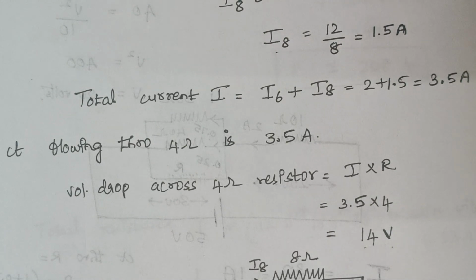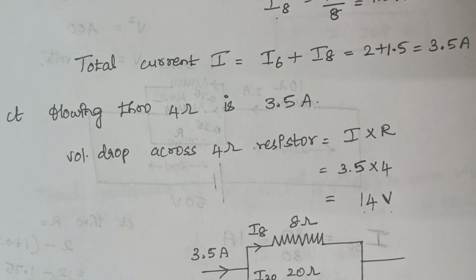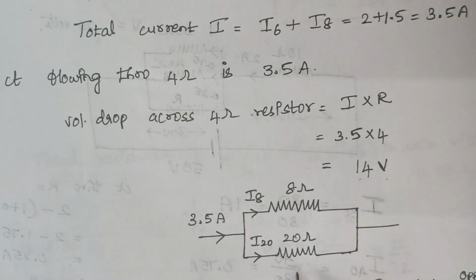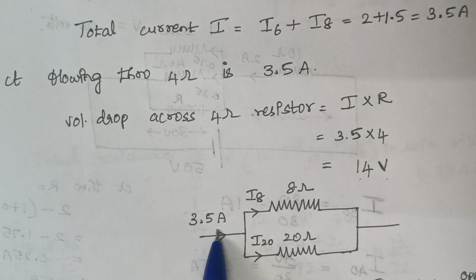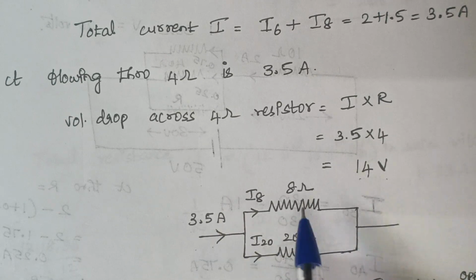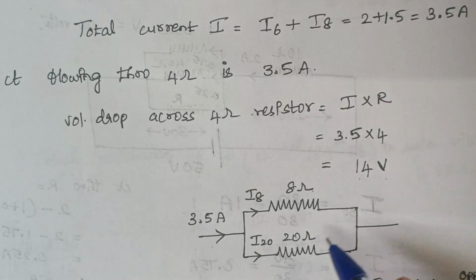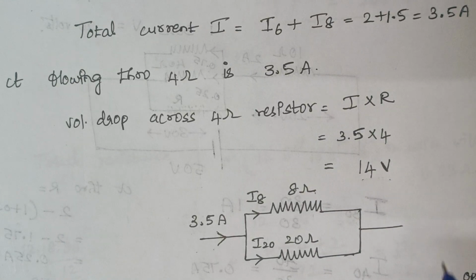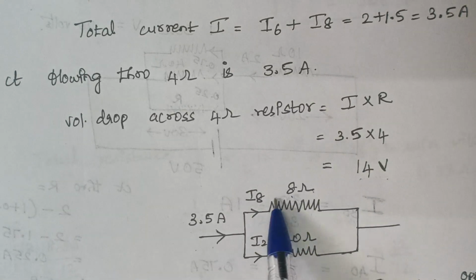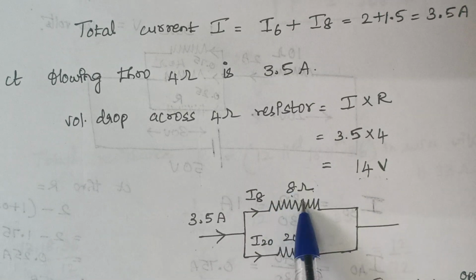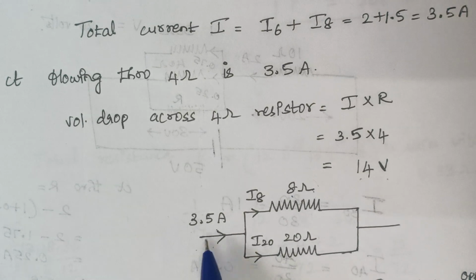Then the next thing is we are proceeding with the 8 ohm and 20 ohm combination, right? So here the current is 3.5 amps, right? And here we are having the two resistors. Now we are going to calculate the current flowing through each resistor here. So the current flowing through this 8 ohm resistor is given by the current division formula, right?